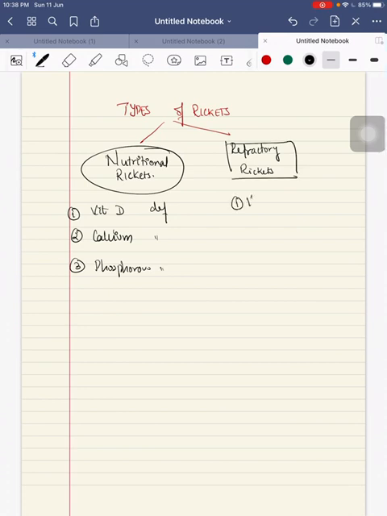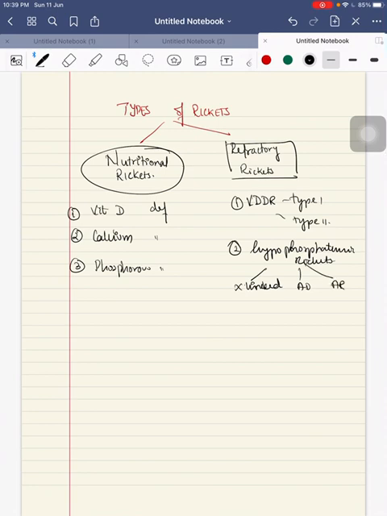While in refractory rickets, it can be vitamin D dependent rickets type 1 or type 2, or it can be hypophosphatemic rickets. In hypophosphatemic rickets, we have types: it can be X-linked or autosomal dominant or autosomal recessive.